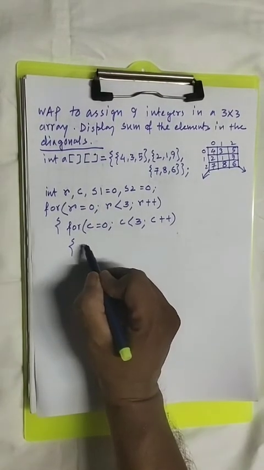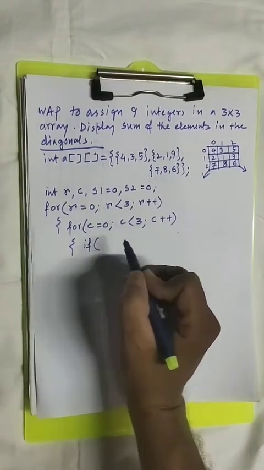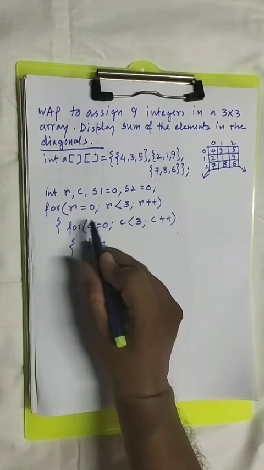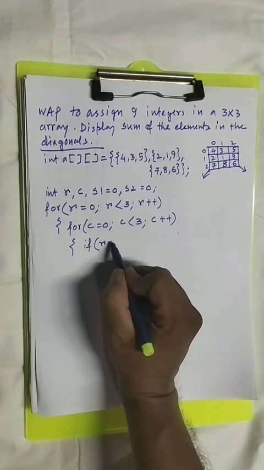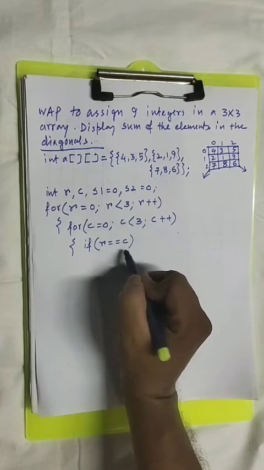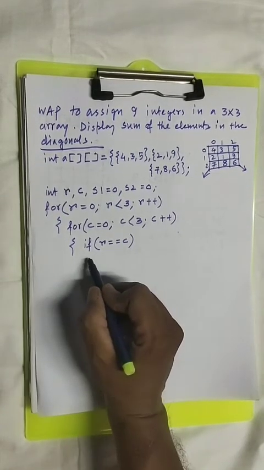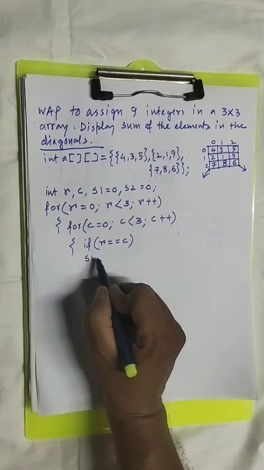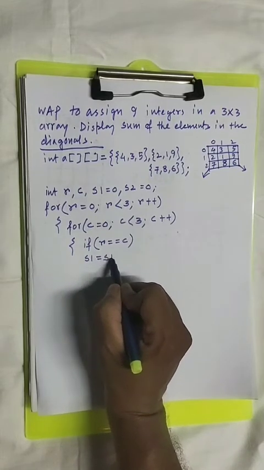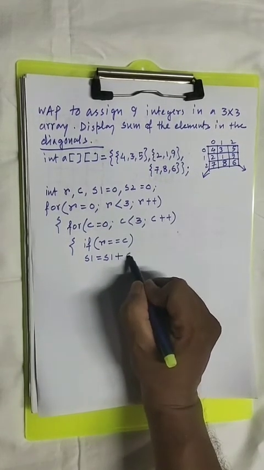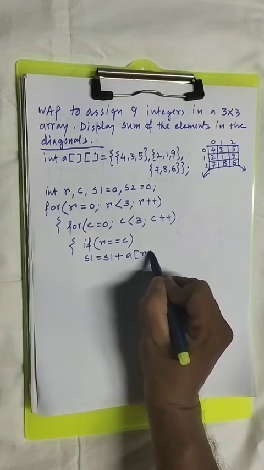We can check if R, which is representing row number, equal to C. So when R equal to C, it is when row and column number are equal. Then we'll calculate the left diagonal sum. S1 equal to S1 plus A R C.